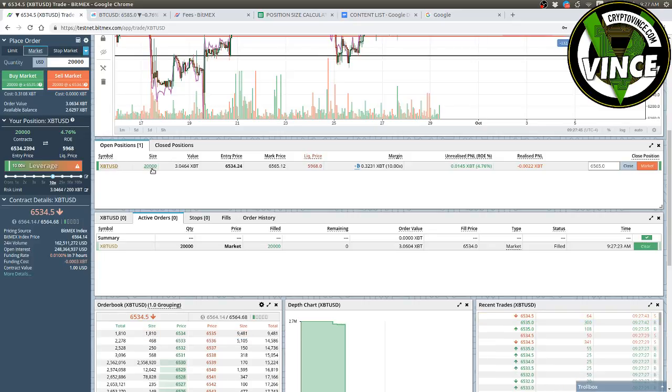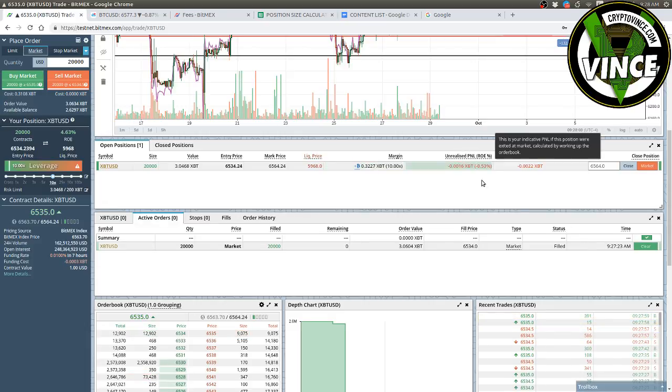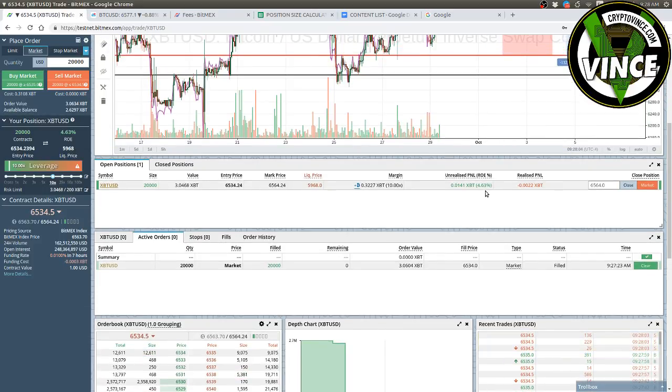I opened a position for 20,000. You can see my value in BTC, the entry price, the market price, the liquidation price, and this is the margin that I use. The margin is pretty much the cost of your position. And here is my unrealized P&L, the percentage based on the cost.